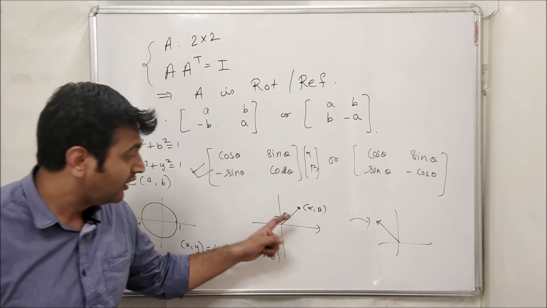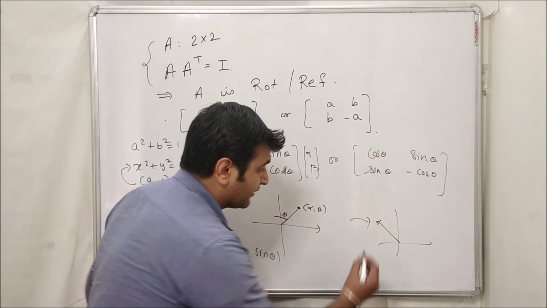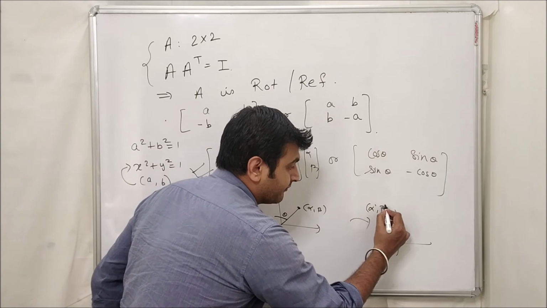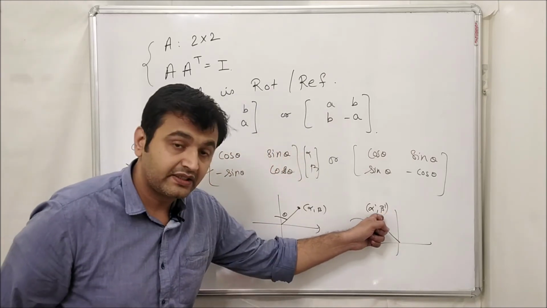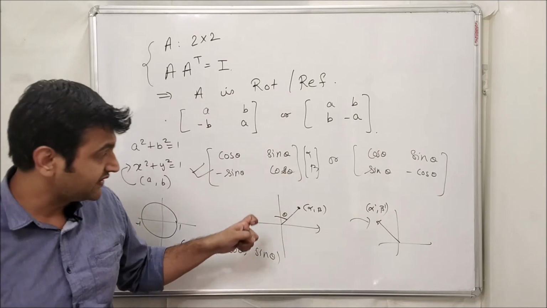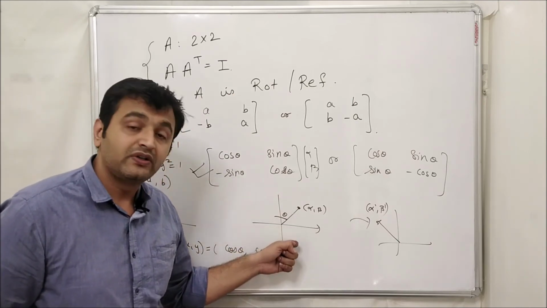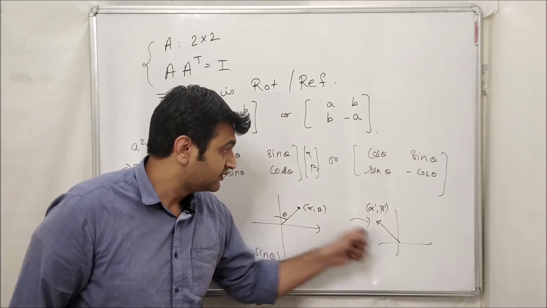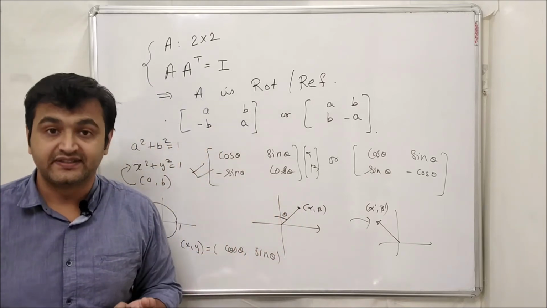Whatever theta is there, your output will be a vector, say alpha prime beta prime. How am I obtaining this vector? By simply rotating this vector by angle theta. So since this matrix rotates a vector, this matrix is called a rotation matrix.